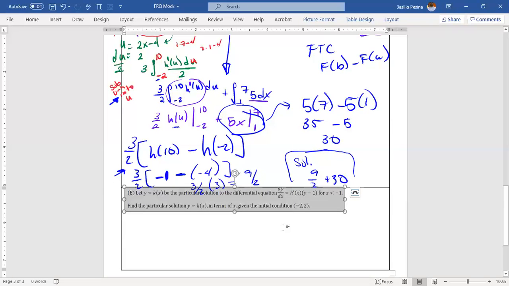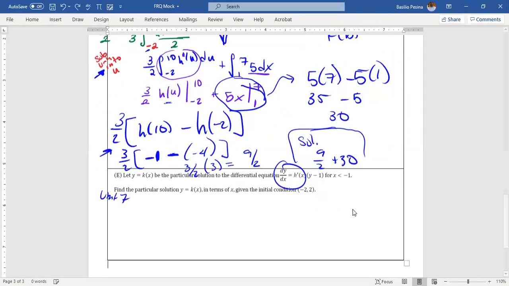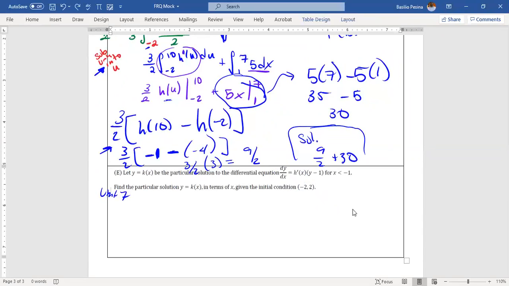But the next one is a differential equation. I encourage you guys to do it because this is just what we learned before. This is from unit 7. Remember the differential equations? Dy dx equals h prime of x times y minus 1. And remember, first you separate the variables.